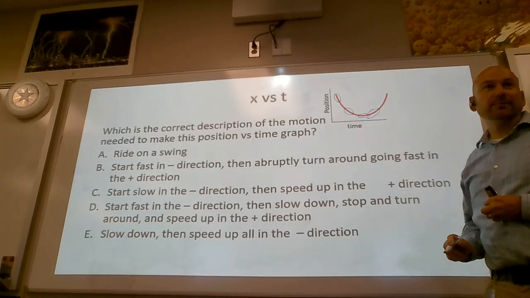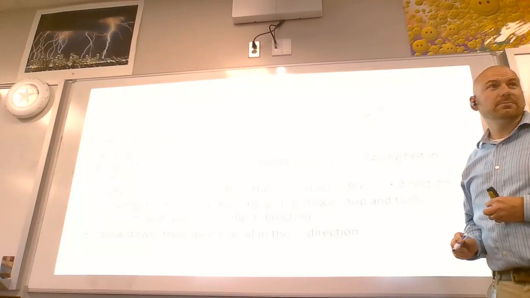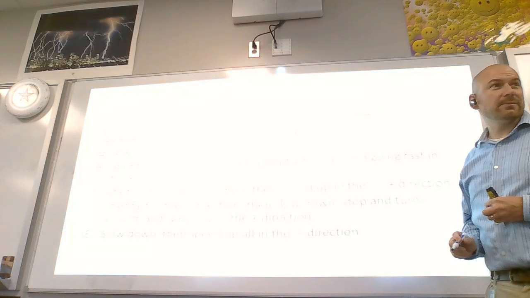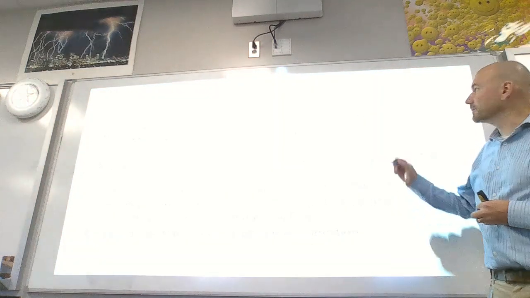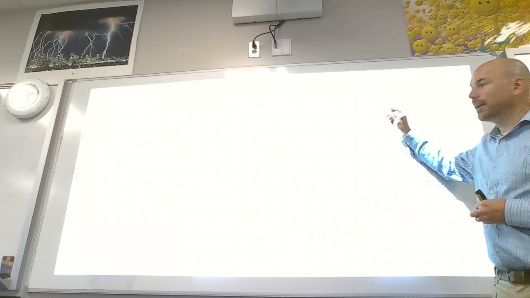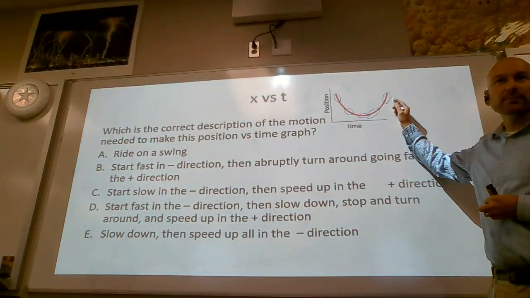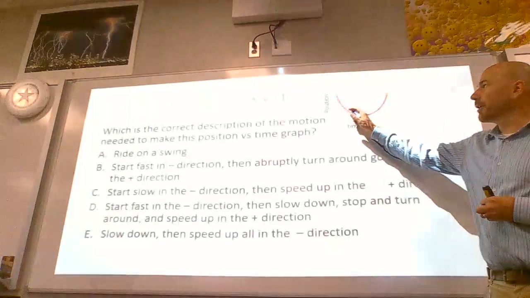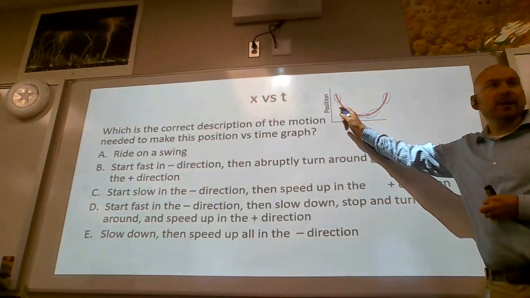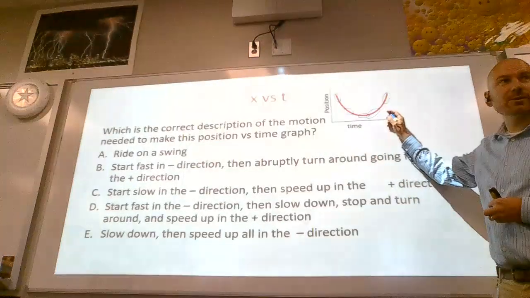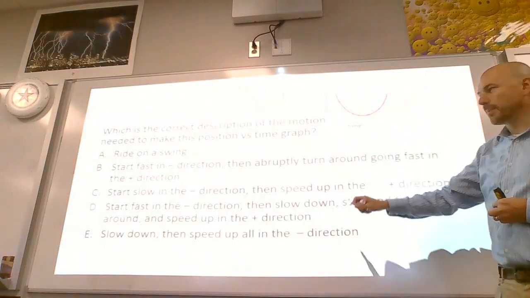You stop and turn around. Does that make sense? It has to be a turnaround point. And then finally, positive or negative? Fast or slow? So put it all together. You start fast in the negative direction, slow down, stop, turn around, speed up in the positive direction.